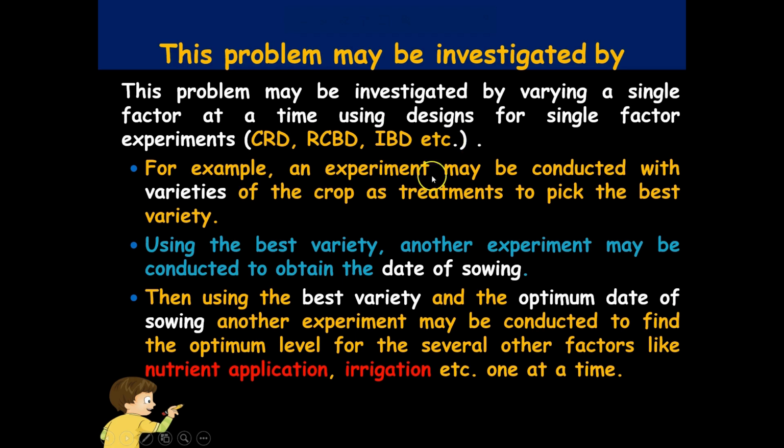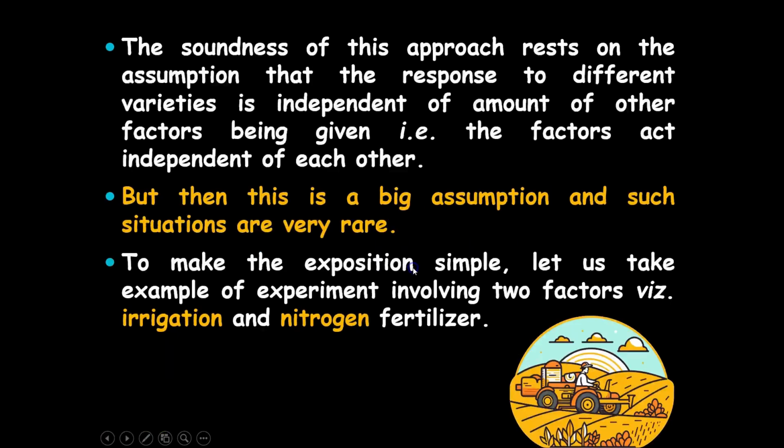For example, an experiment may be conducted with varieties of the crop as treatments to pick up the best variety. Using the best variety, another experiment may be conducted to obtain the date of sowing. Then using the best variety and the optimum date of sowing, another experiment may be conducted to find the optimum level of several other factors like nutrient application, irrigation, and so on, one at a time.